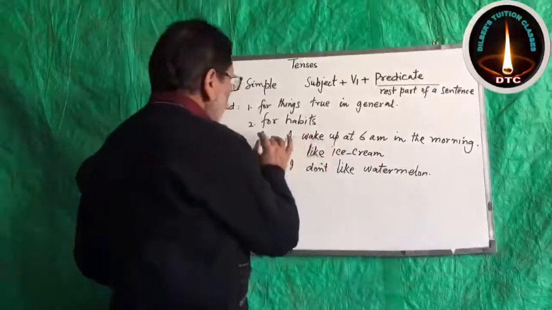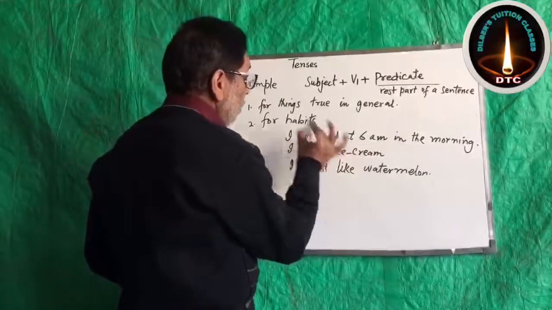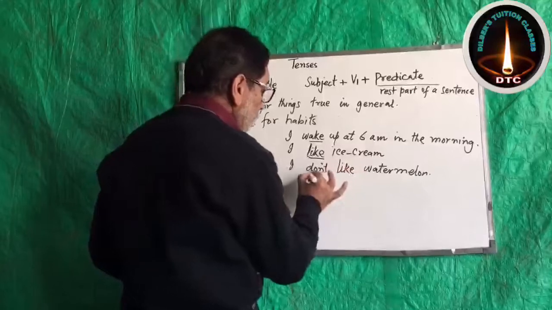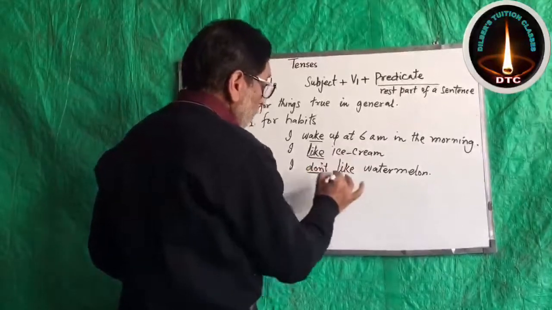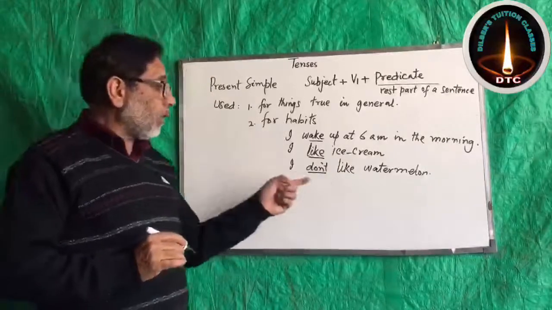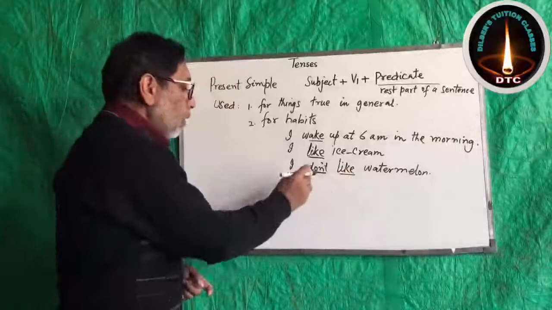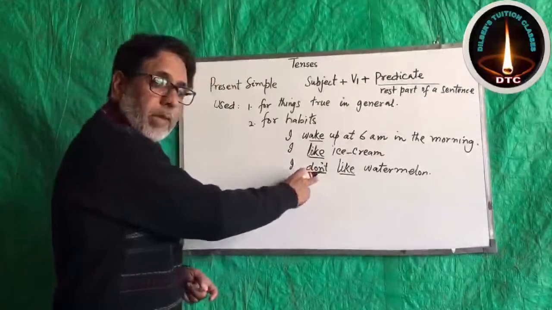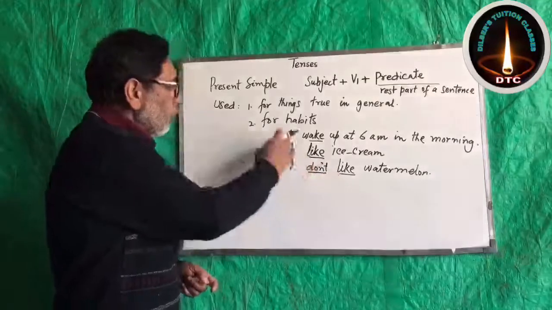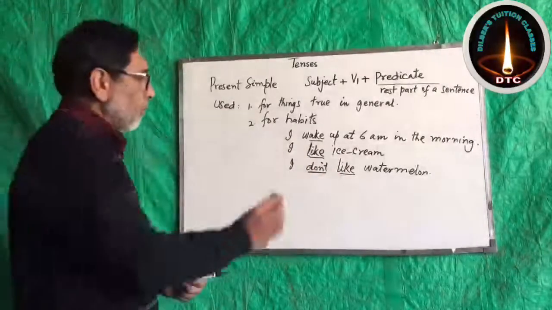This is the first form of the verb over here. Don't is actually a helping verb, so we will come to it next time. So it is also used for habits.